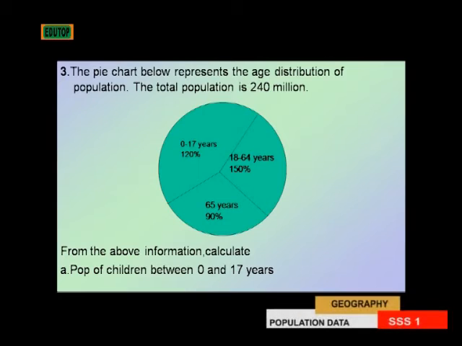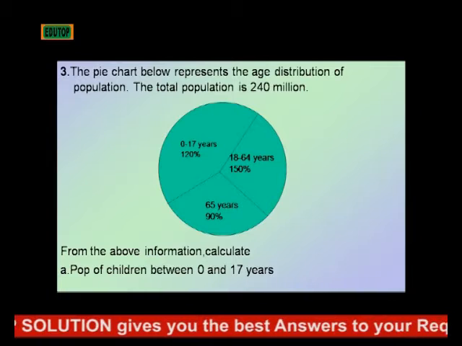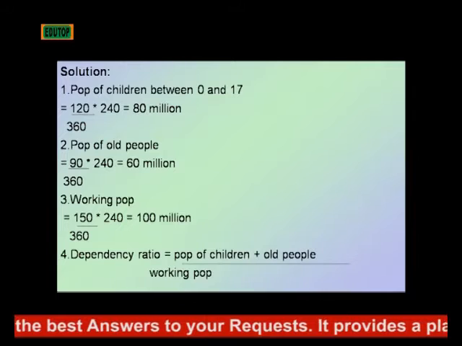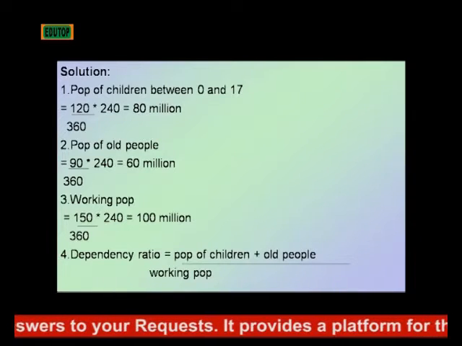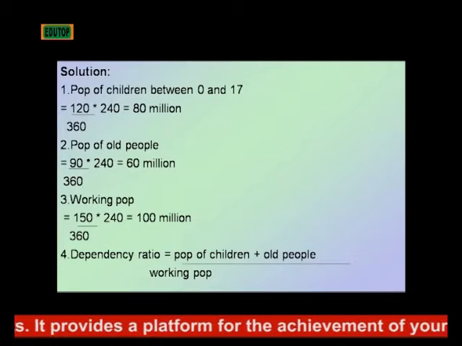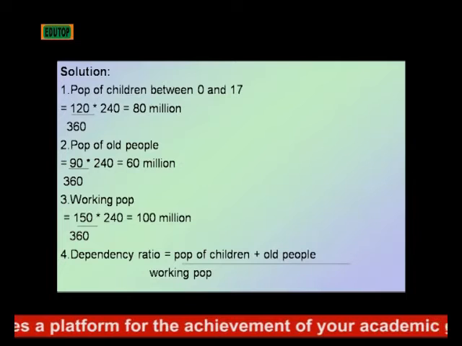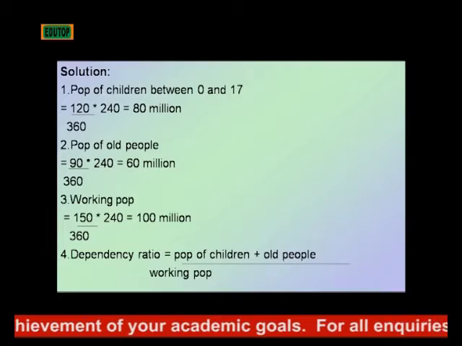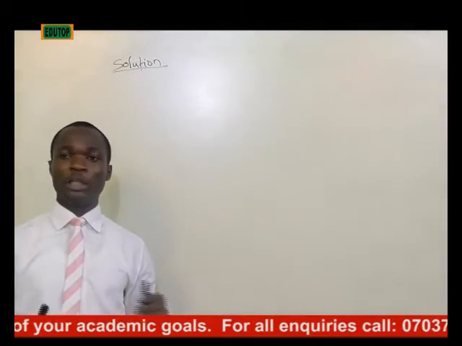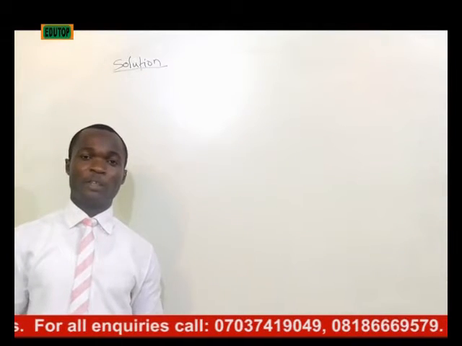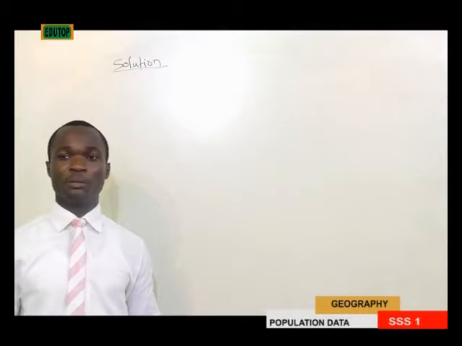From the information given in the pie chart, we are asked to calculate the population of children between 0 and 17 years, and also the population of old people, and that's people who are 60 years and above. Now, number 3 says the population of working people. And you know, the working people will be probably within the age of 18 to 59. And finally, number 4, we are asked to find the dependency ratio.